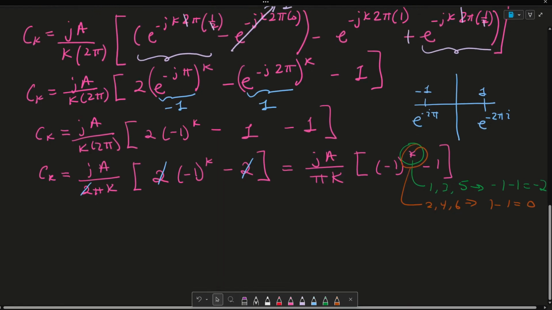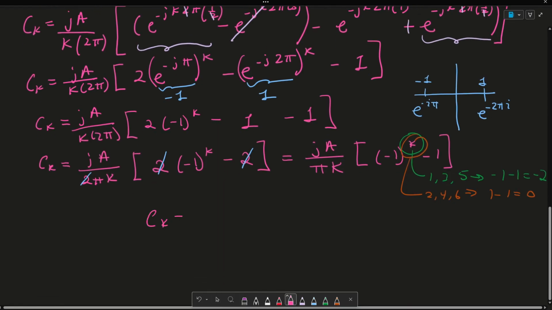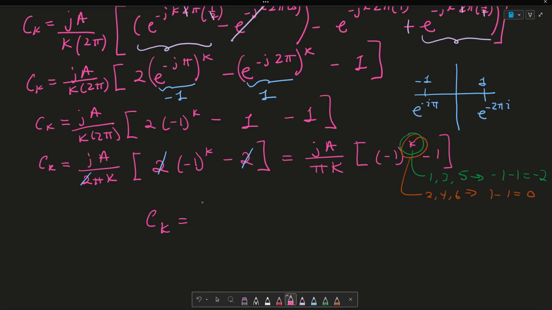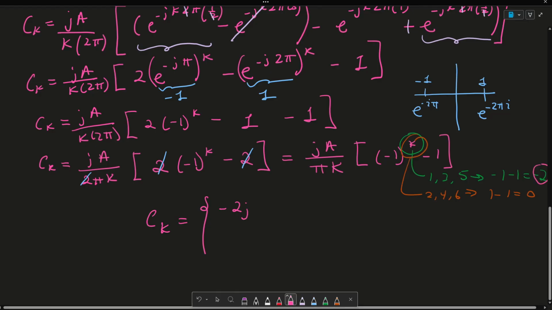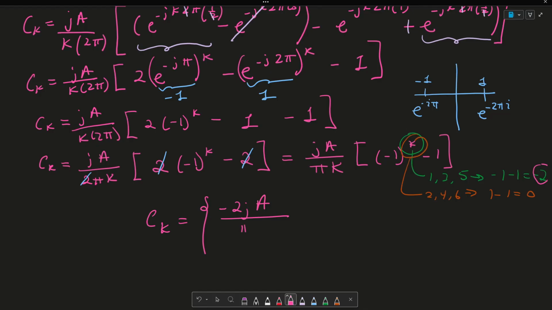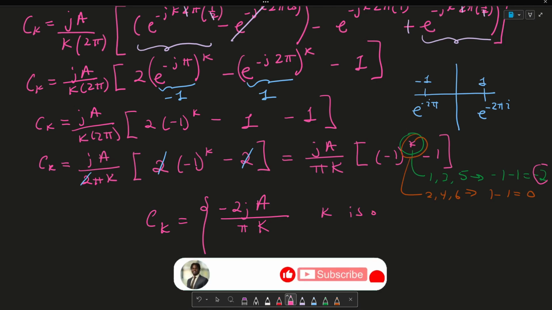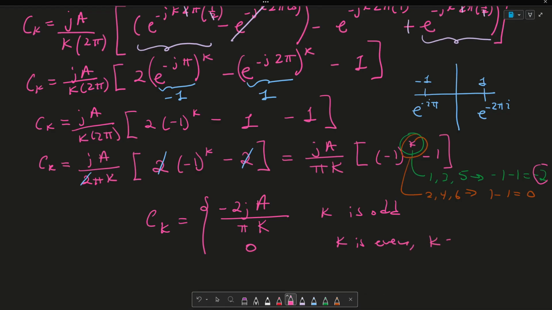We can say then that ck is equated to minus 2j, again, that comes from here, minus 2j times a over pi k, where k is odd, and 0 when k is even, and when k is equal to 0.